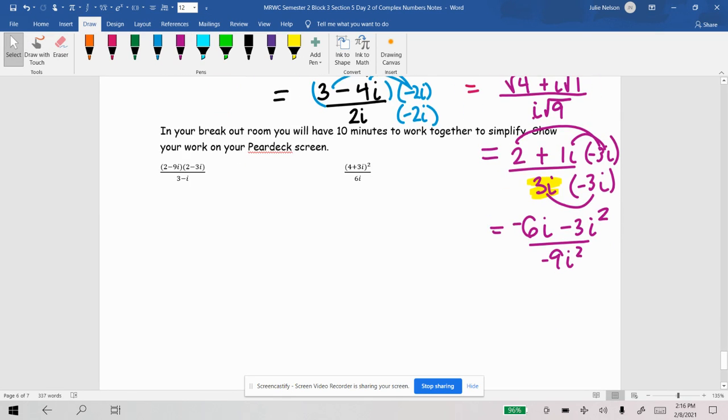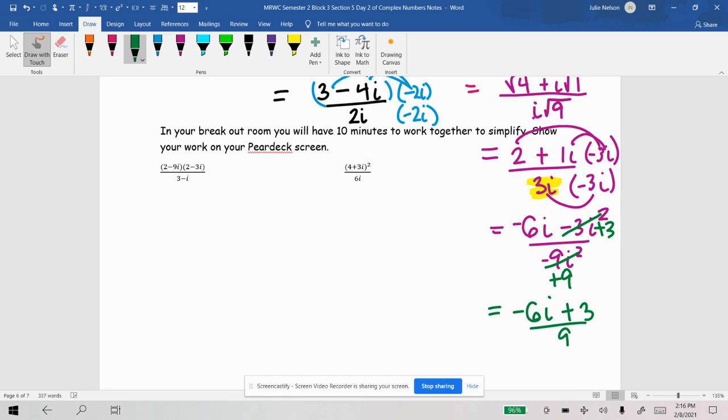And every time you see an i squared, you replace it with negative 1. So this negative 3i squared becomes positive 3, and this negative 9i squared becomes positive 9. So I have negative 6i plus 3 over 9.